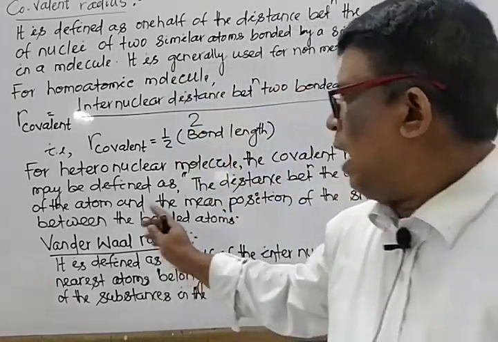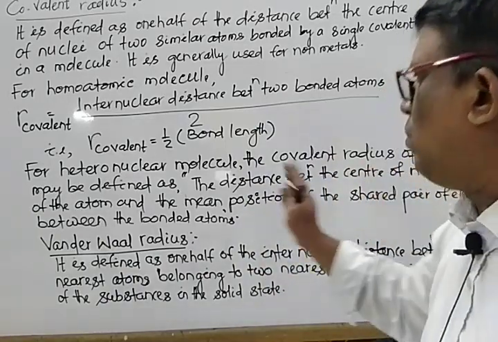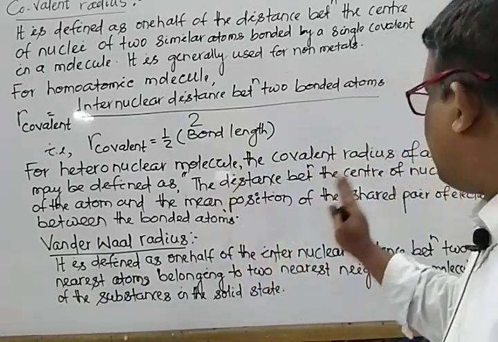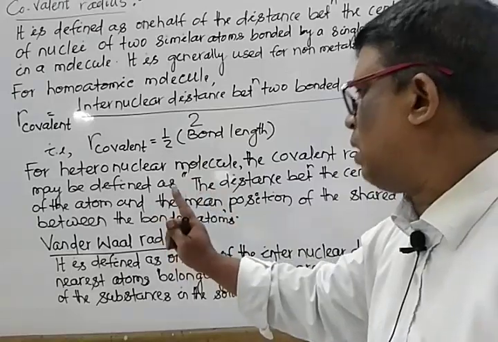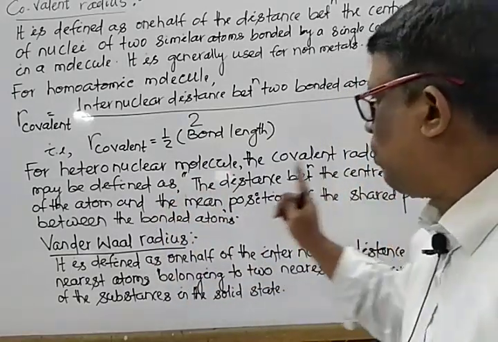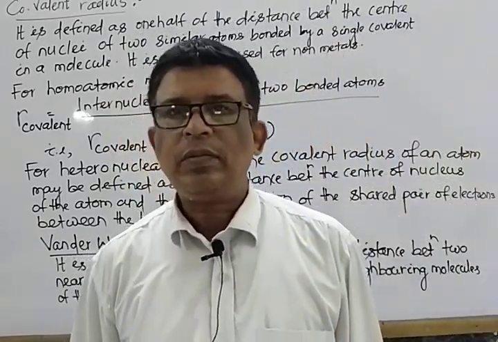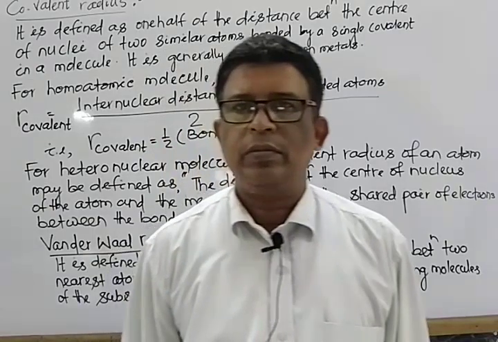Mark that. I repeat again, for a heteronuclear molecule, the covalent radius of an atom may be defined as the distance between the center of the nucleus of the atom and the mean position of the shared pair of electrons between the bonded atoms. It is known as the covalent radius.